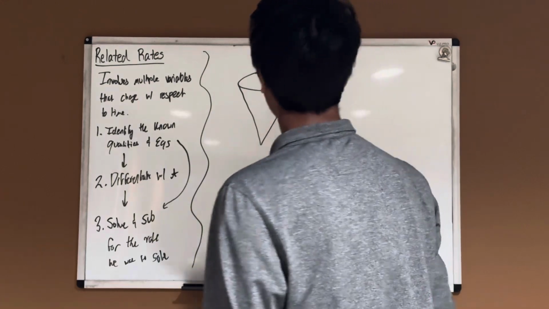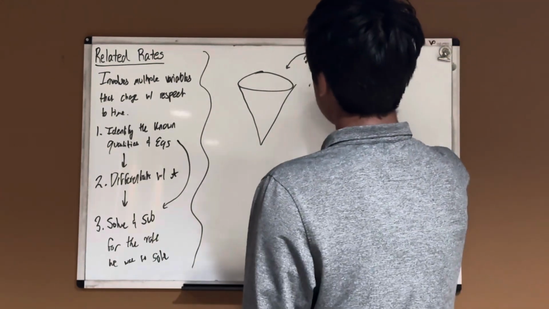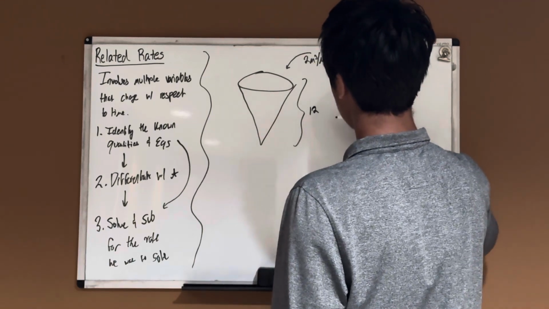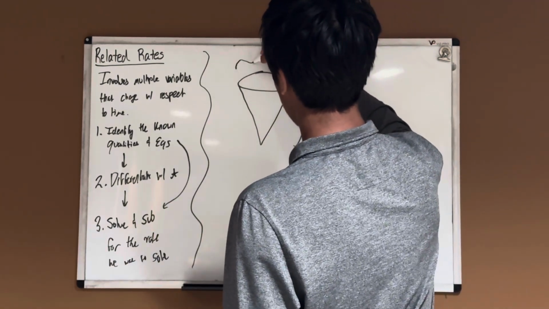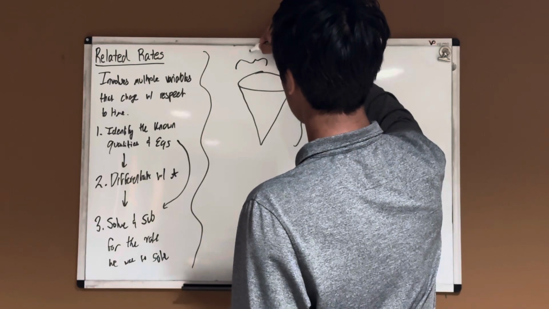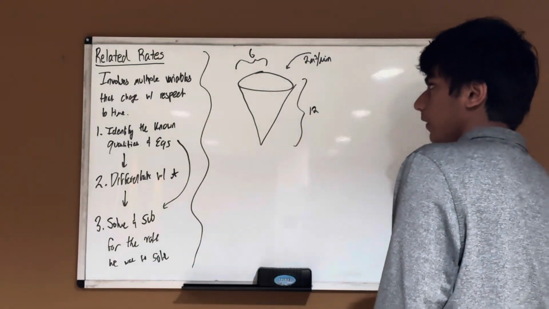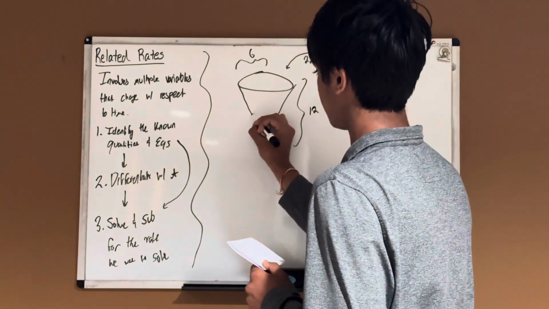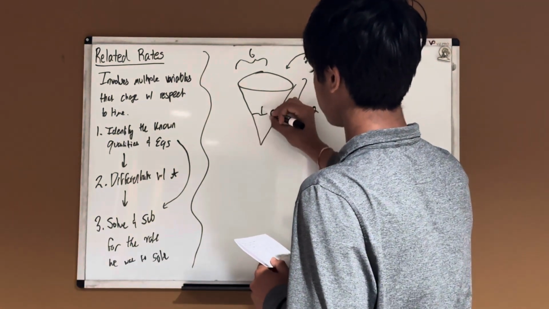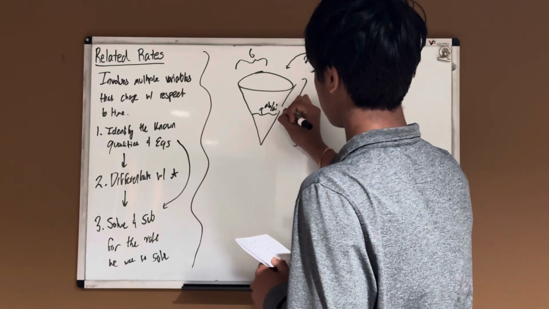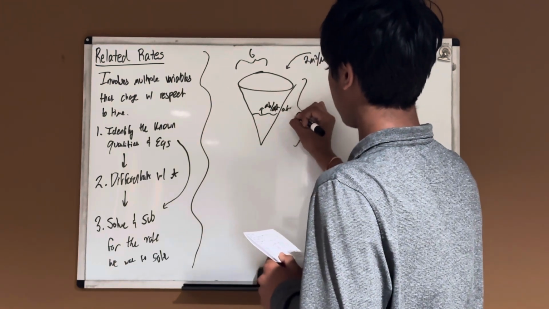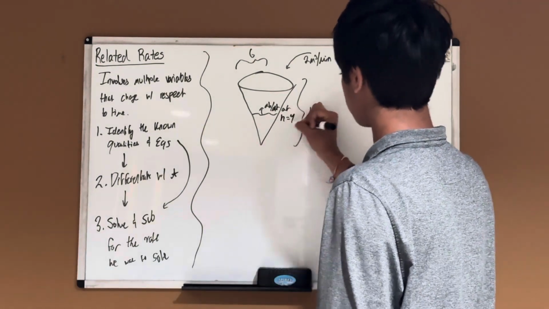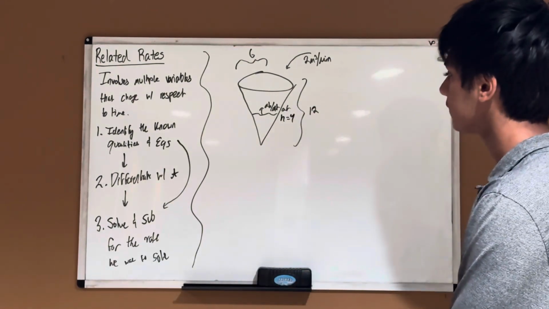Okay, and we know that the height of the cone is 12, and the radius of the cone is 6. Okay, great. So that's our diagram, and we want to find, again, let's just say we're finding the change in height, so we're finding dh/dt at h equals 4.